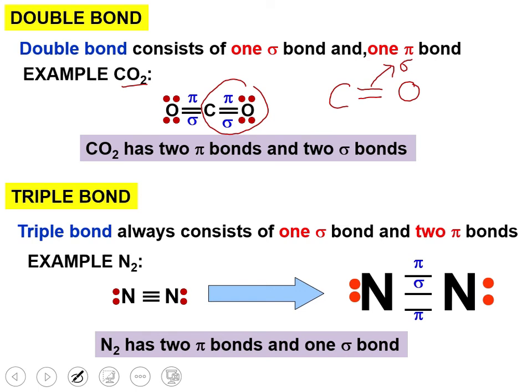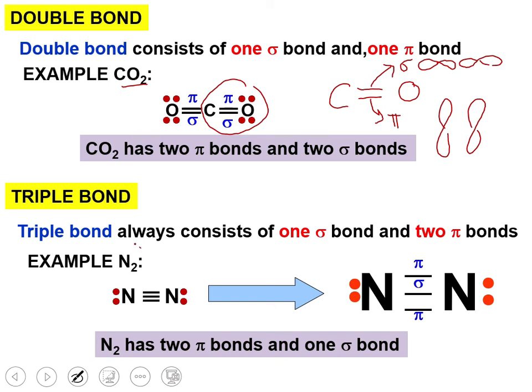But the other bond will be a pi bond, where oxygen and carbon will bond side to side. So sigma bond is head to head or end to end, pi bond is side by side.